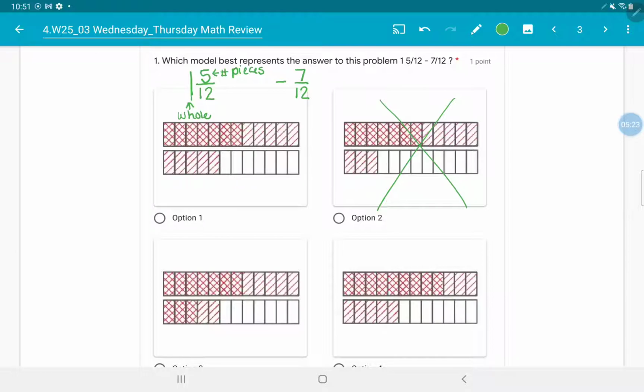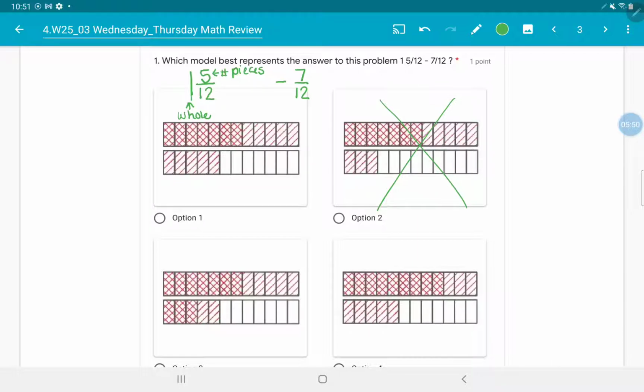Which one shows that, Harper? Option 2 didn't even have the correct number shaded to begin with. We've already eliminated option 2. Christopher, which one is it? 2.